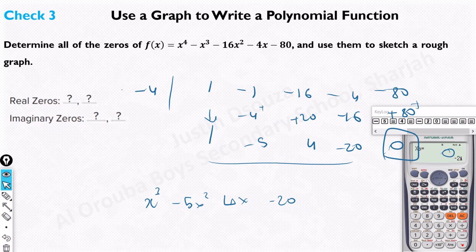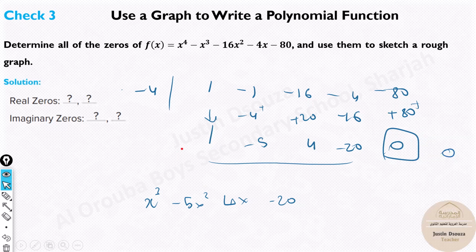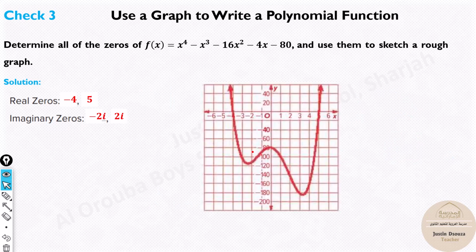So it's 5, 2i, minus 2i. So those are the solutions. So I know one was minus 4, we obviously got that. Then there was 5, 2i, minus 2i. So this is how we can easily solve it up. Just use table method, then use synthetic division, and then make sure you just put it in the calculator and solve it up. Now what about this graph?